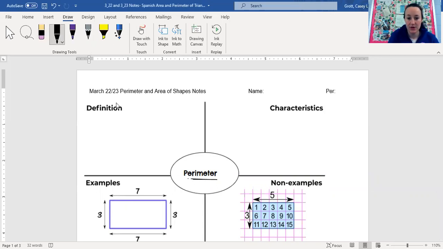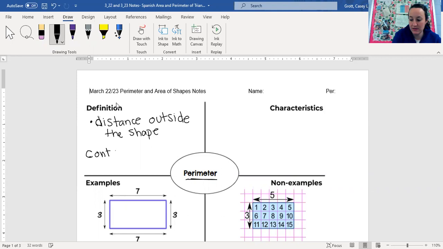Okay, and so we know that perimeter is going to be the distance outside the shape. Okay, we are going to be counting outside.